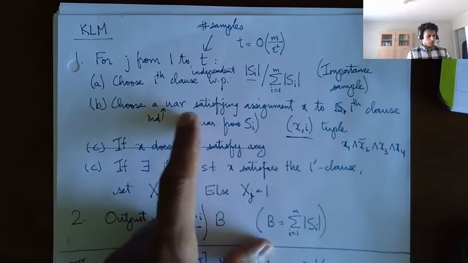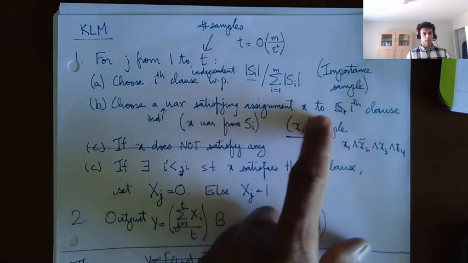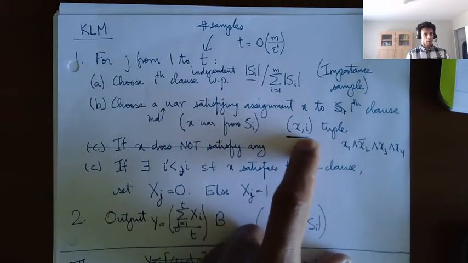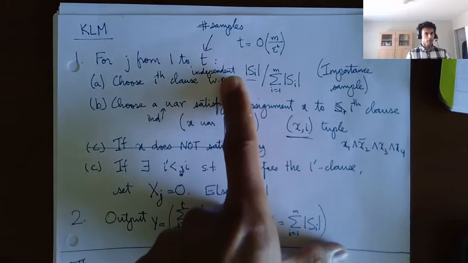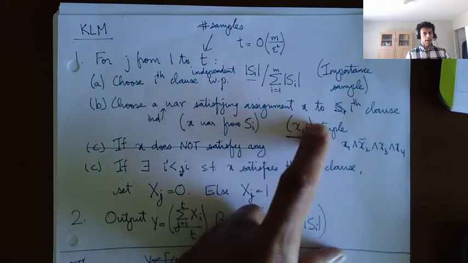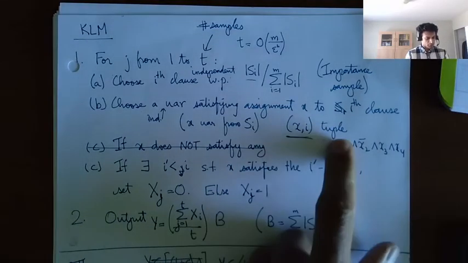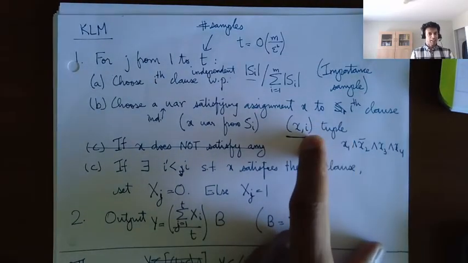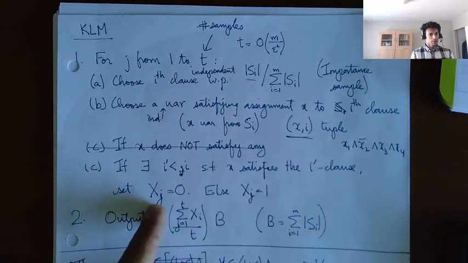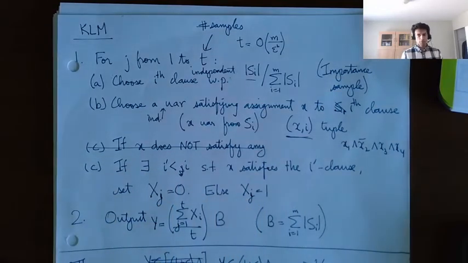Then we pick a uniform random satisfying assignment to the ith clause. So what we get is a tuple (x, i). This is a uniform random tuple, and now we simply check: is this tuple an association? If it is, we set it to 1, otherwise we set it to 0, and then we compute the fraction and do the usual Chernoff arguments.